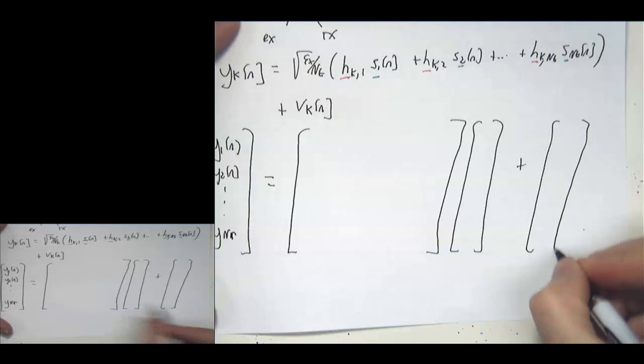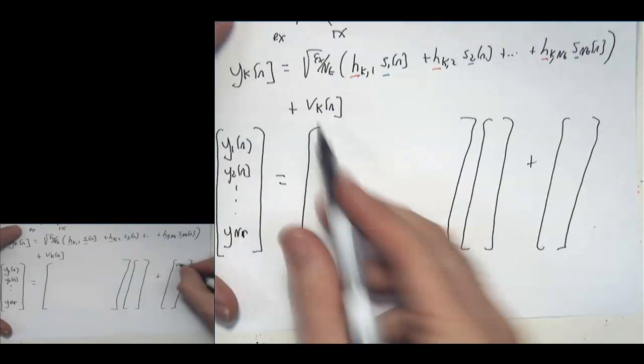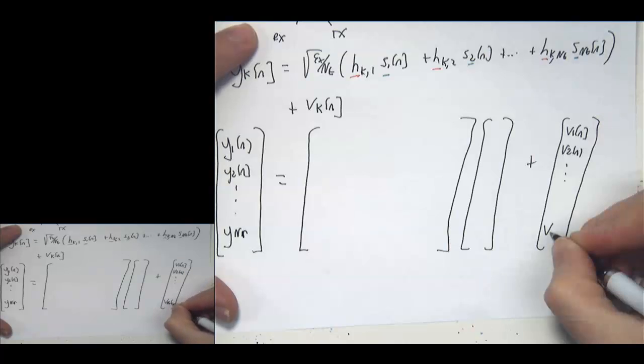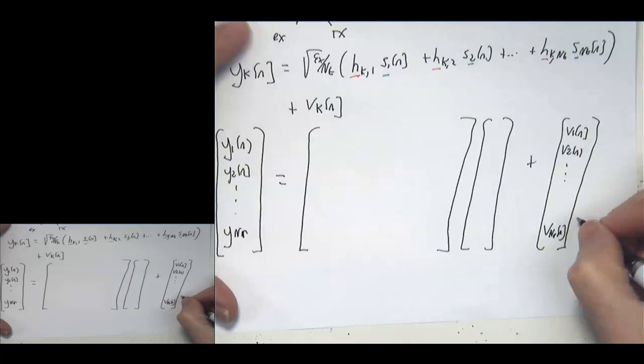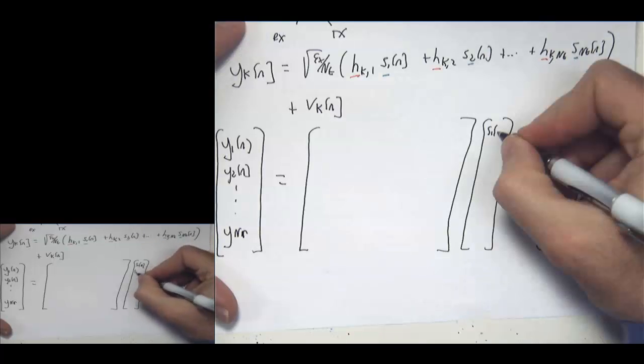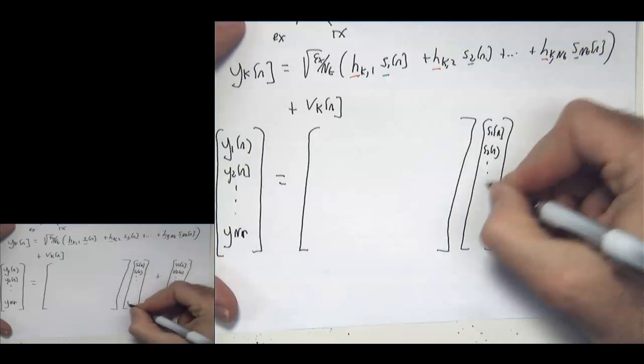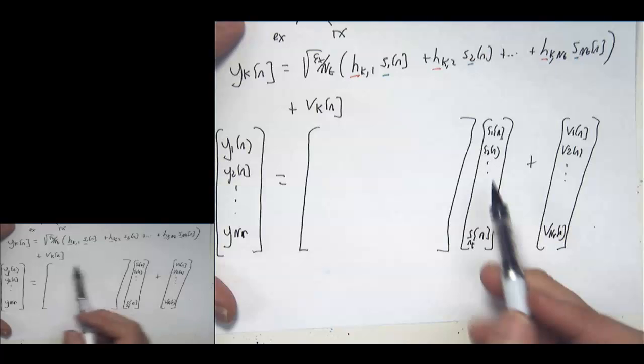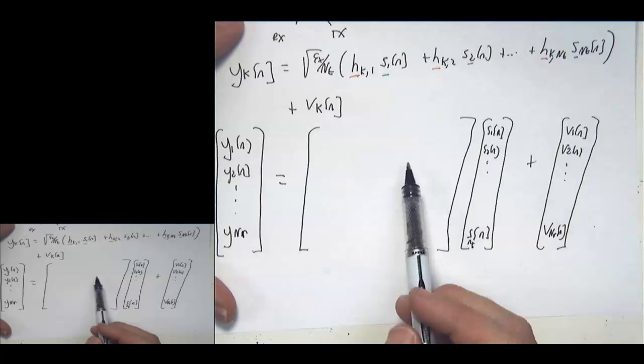So first of all, the easy one here is the vk of n. This is just going to be v1 of n, v2 of n, dot, dot, dot, v of nr of n. And then over here is s1 of n, s2 of n through s of nt of n. And now we just need to fill in the appropriate rows of this matrix.